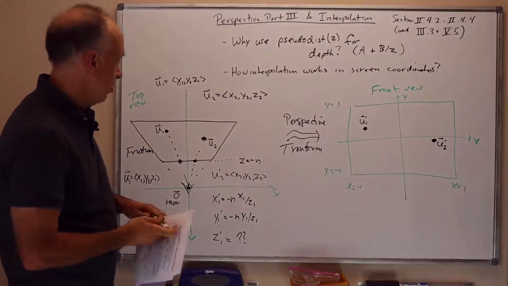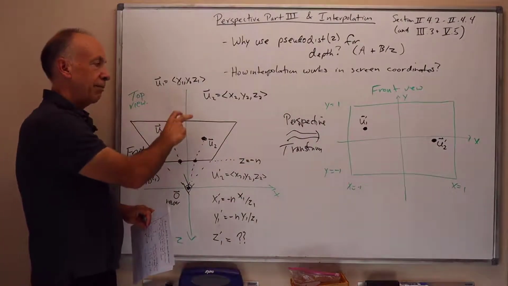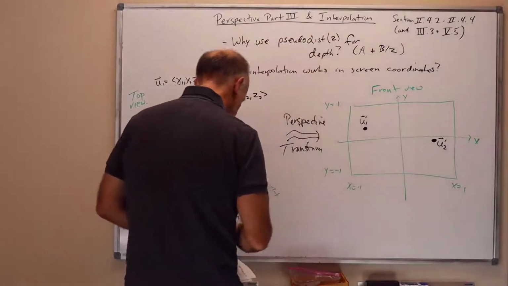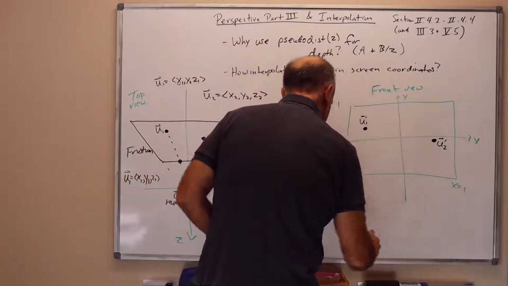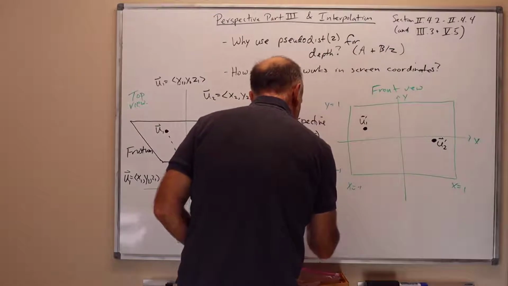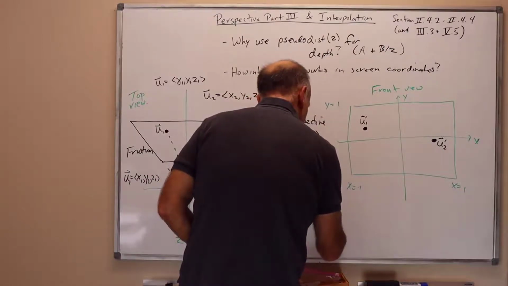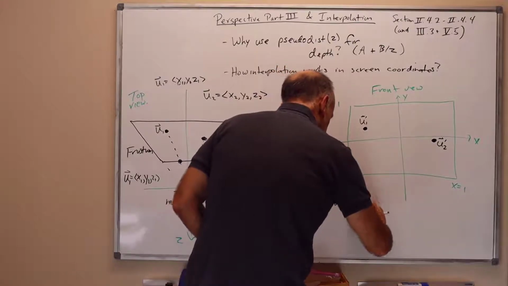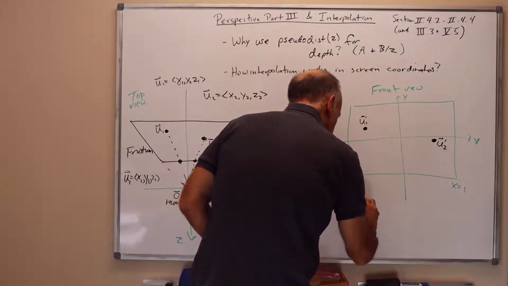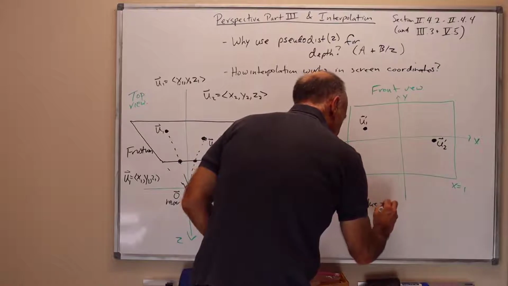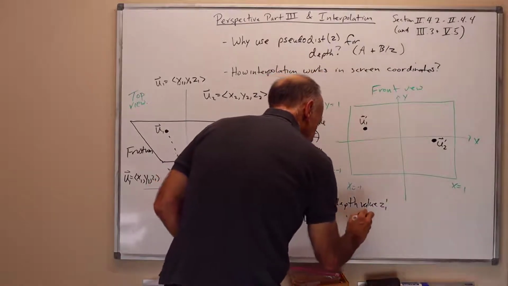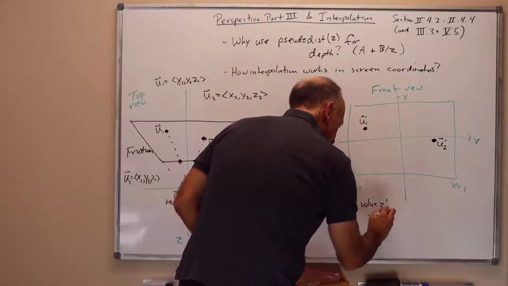And so the two points in R3 have been mapped into the screen, and these have depth values associated with them. So U1 and U2 have depth values and other vertex attributes. U1 has a depth value, which is the same thing as z1 prime. U2 has a depth value z2 prime.